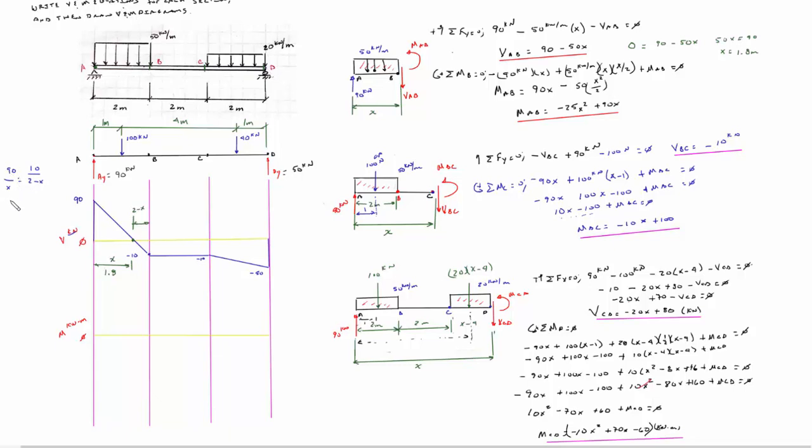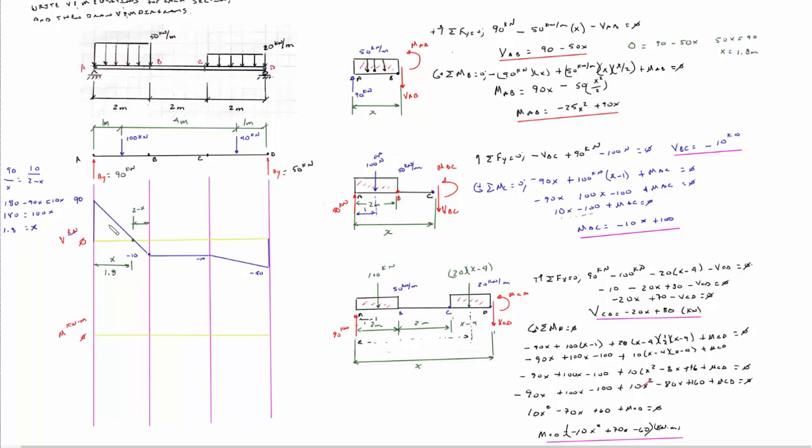Let's compute this out real quick. That'd be 180 minus 90x is equal to 10x. So I take this over, so 180 is equal to 90 plus 10, which is 100x. 180 divided by 100 would be 1.8. So x is 1.8, either this way or computing it this way.